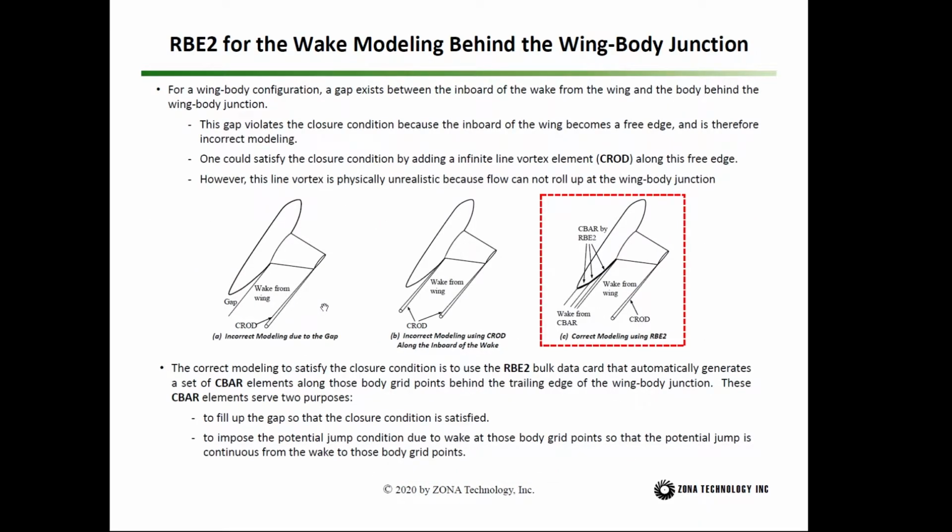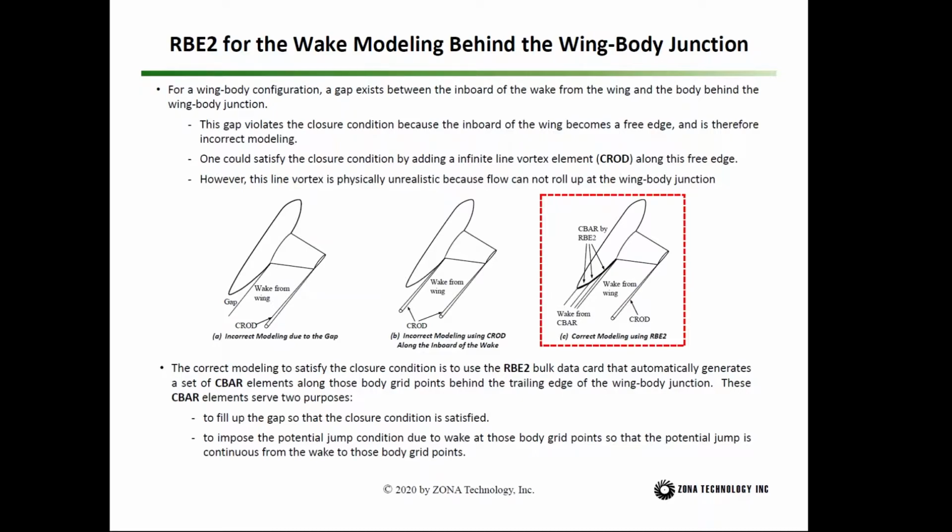If you have a wing-body configuration, and the wing generates the wake surface from the trailing edge of the wing, then you have to put a CROD along the wing tip to satisfy the closure condition.